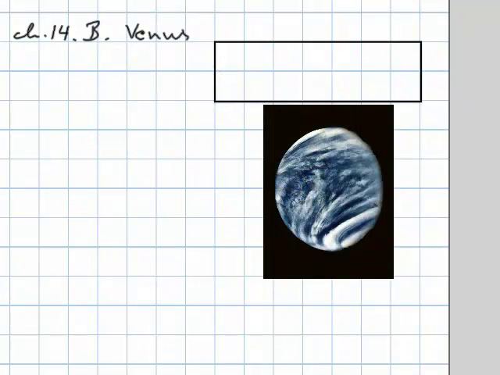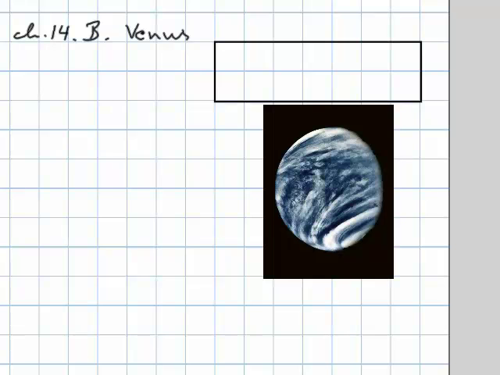This is the problem on Venus, and it says on the sunlit surface of Venus the atmospheric pressure is 9.0 times 10 to the 6 pascals and the temperature is 740 kelvins. On the Earth's surface the atmospheric pressure is 1.0 times 10 to the 5 pascals, while the surface temperature can reach 320 kelvins. These data imply that Venus has a thicker atmosphere at its surface than does the Earth, and that's because the pressure is higher and the temperature is higher.